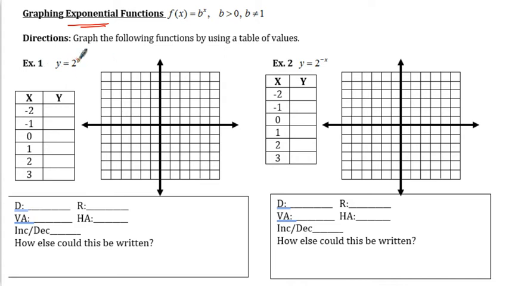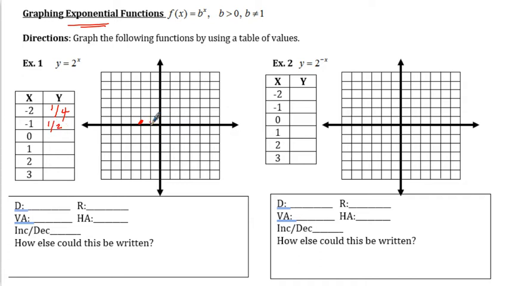exponential function. And if you would just input some different values for this and sort of hack your way through this mathematically, you would see how this behaves. So if you were to input -2 in for x, you would get 1 over 4, right? And so therefore the point -2 comma 1/4 is on this exponential. If you were to input -1 here, 2 to the -1, that's 1/2.